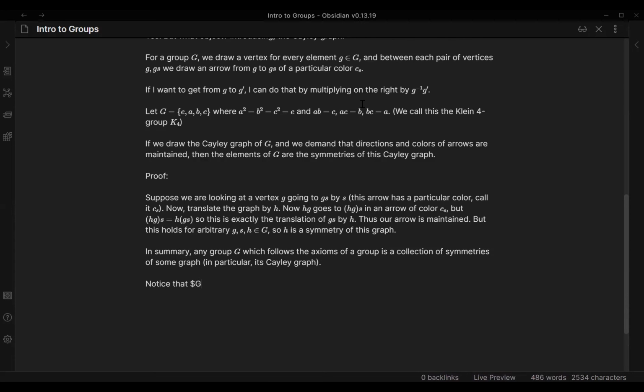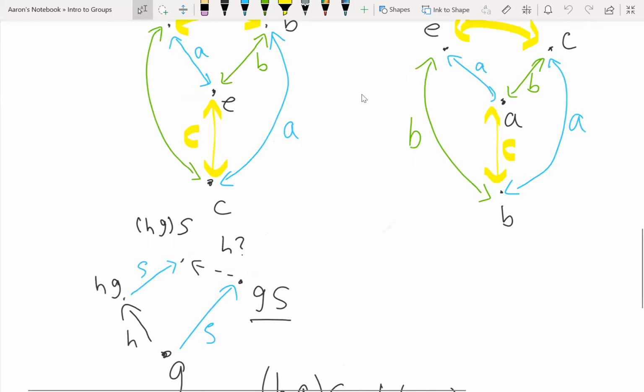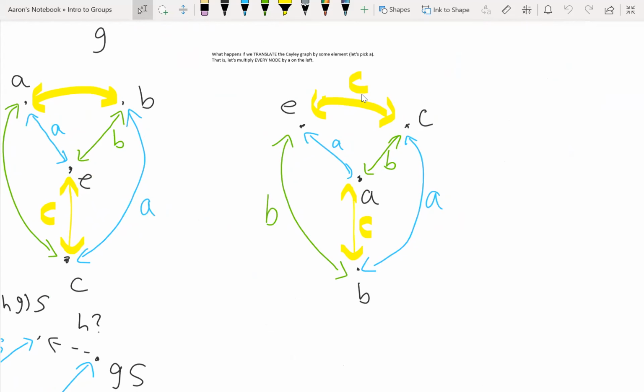Notice that G need not be all the symmetries of a particular graph. So in particular, what if we drew the Cayley graph like we did here, and then we've just added some node over here, and some node over here, and some node over here. Well, then we don't even have to label these nodes because we can permute just these nodes and leave everything else intact.